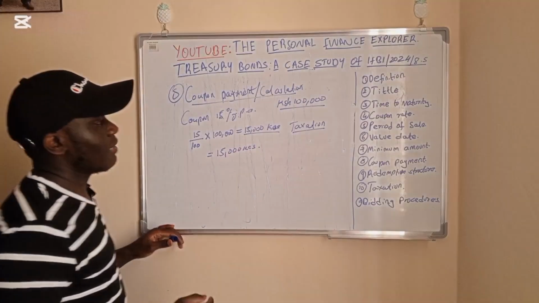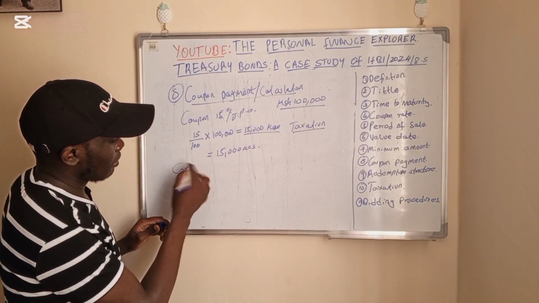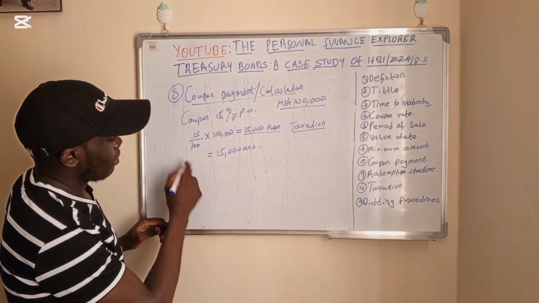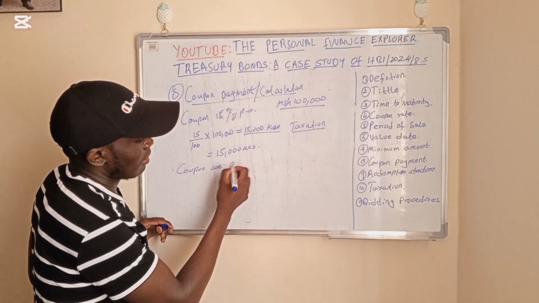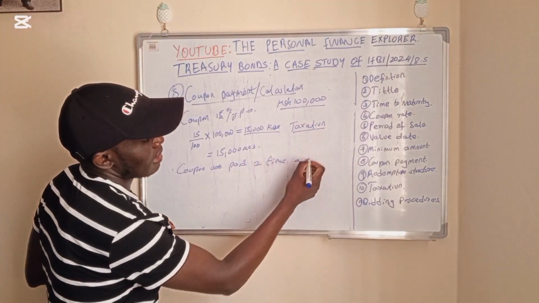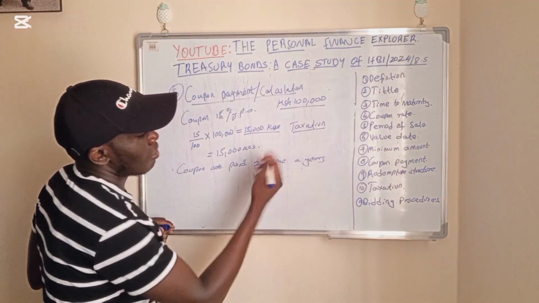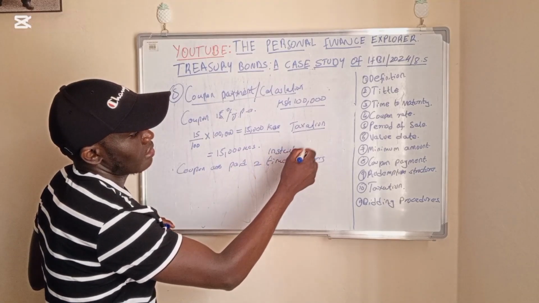And we have said that coupons are paid 2 times a year, or in 2 installments.